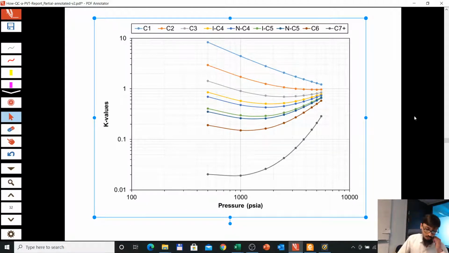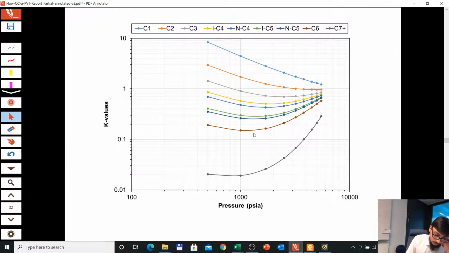So when we were saying, what do we mean by K value crossing? Let's suppose this is C6, right?